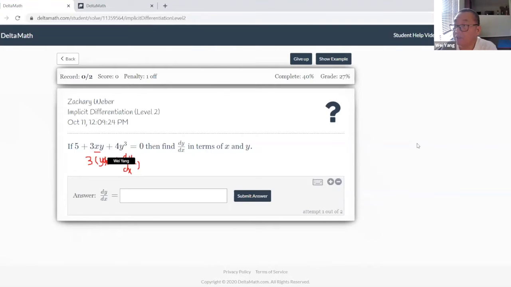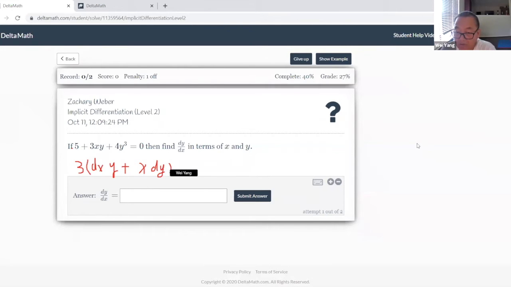Okay, now let me write clearly. The first term is a constant, and its derivative equals 0. For the second term, x's derivative about x is 1, times dx. So we can write dx times y, this is the first term, then plus x times dy.